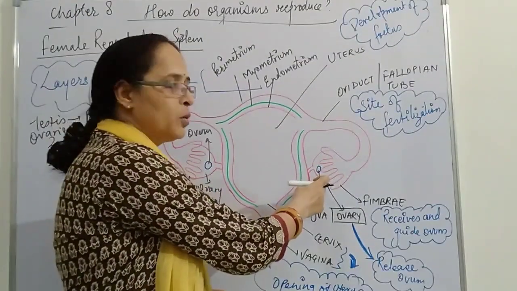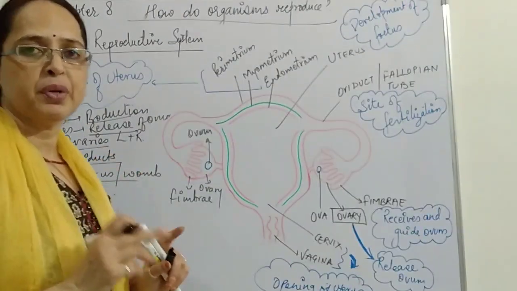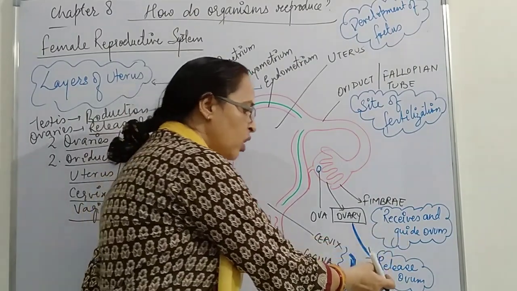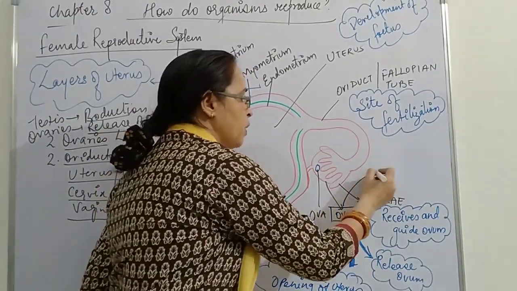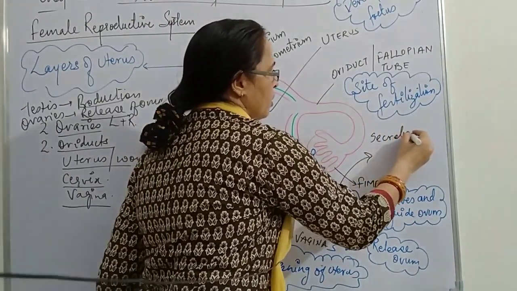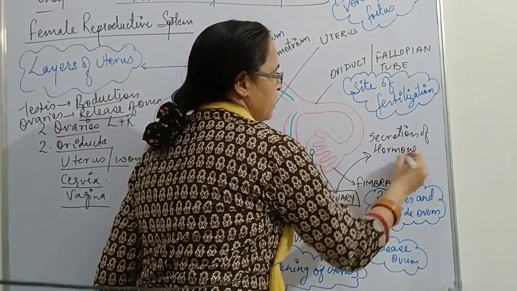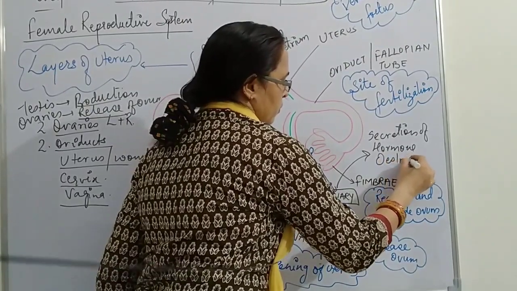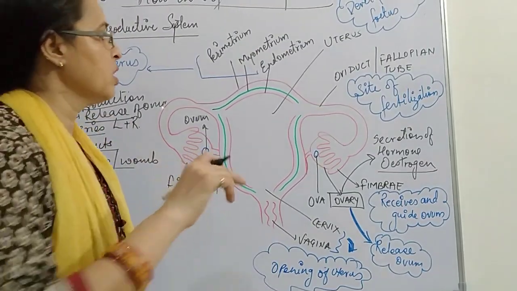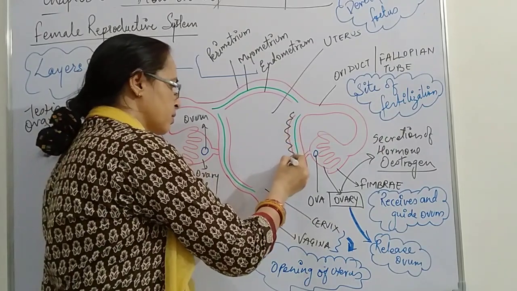So the ovary is the main female reproductive organ meant for release of ovum. Along with the ovum, the ovary is responsible for the release or secretion of a hormone. The name of the hormone is estrogen, which is responsible for making the uterus wall thick.